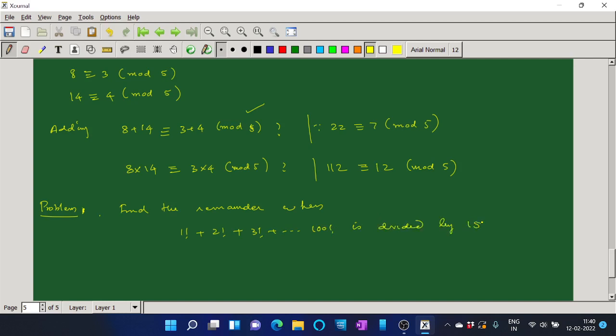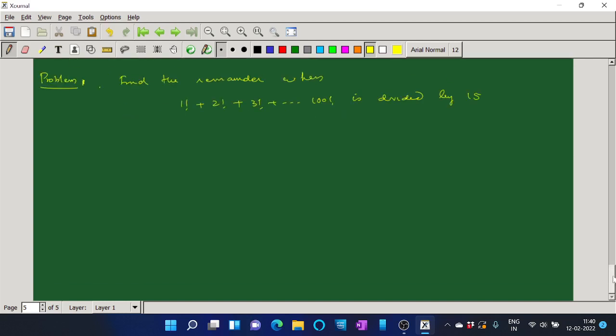We have to find the remainder. When 1 factorial plus 2 factorial plus etc. plus 100 factorial is divided by 15, what will be the remainder? That is what we have to find.